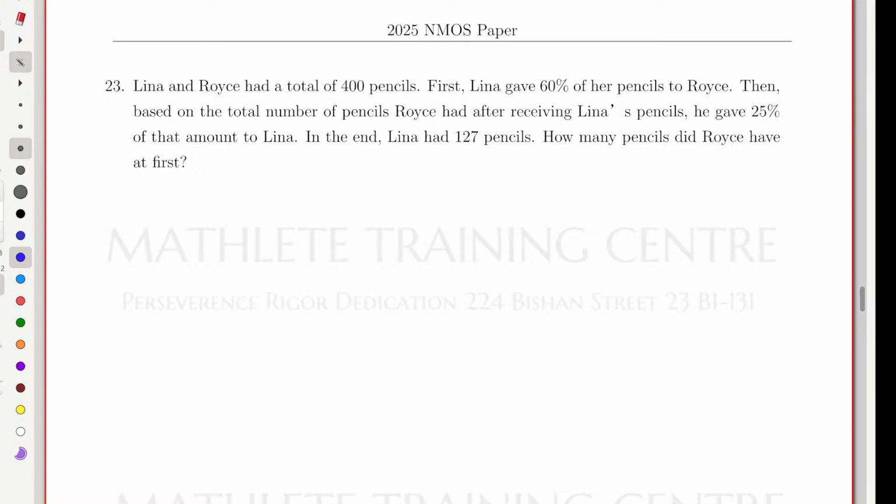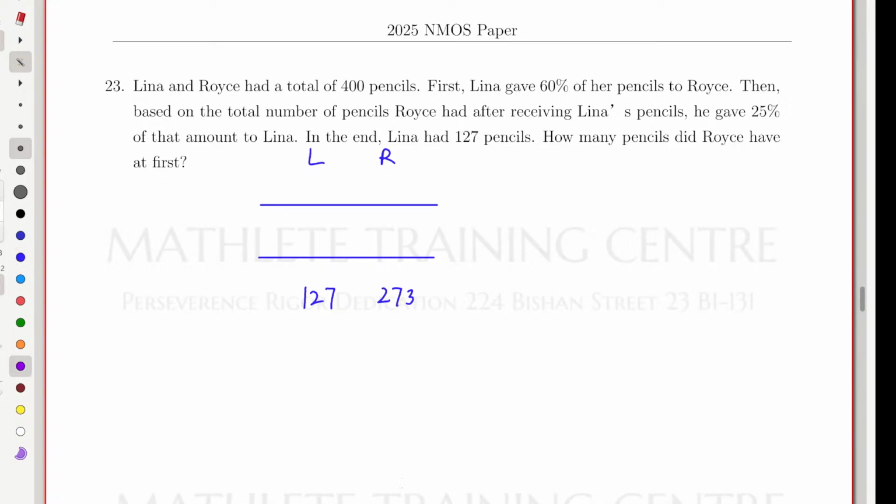Notice that they are only passing pencils within themselves, right? So at the start, I don't really know what that is. After one pass, I still don't know, but at the end, I know that it must be 127 and 400 minus 127, which is 273. Look, here I noticed that Royce gave 25% at the end. We'll work backwards.